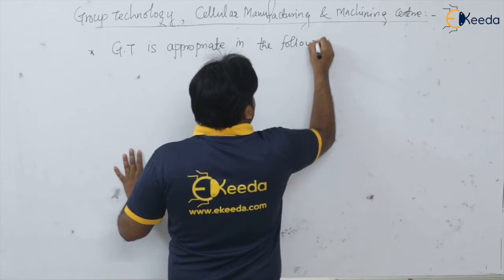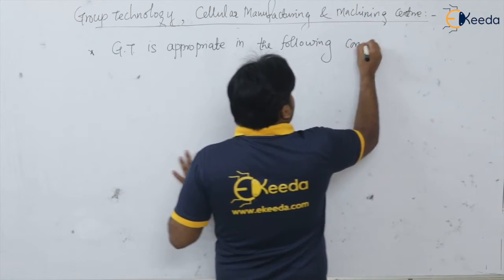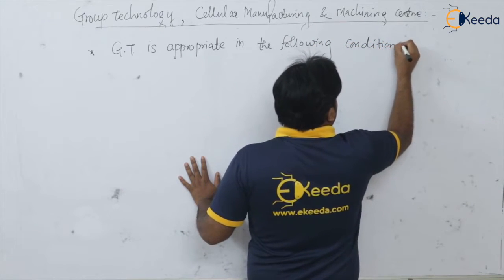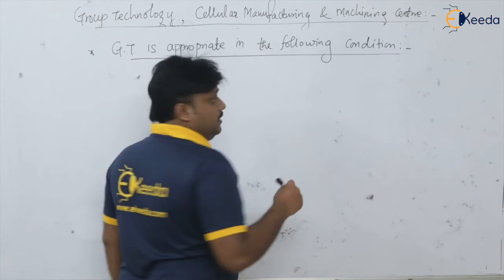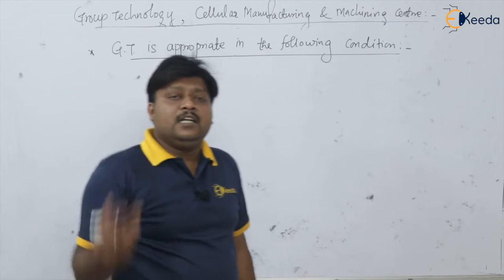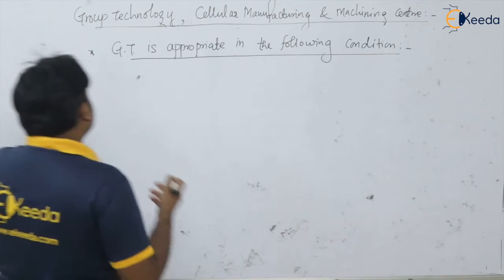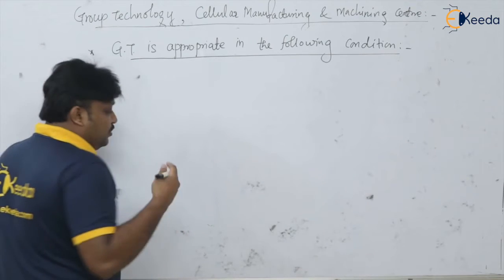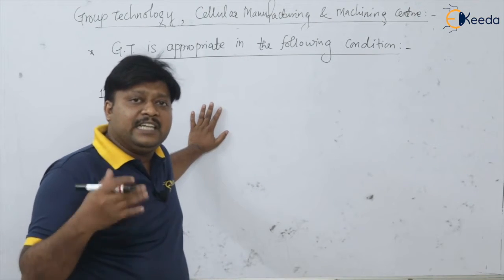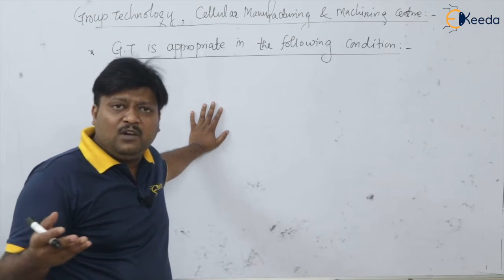They are not big conditions, only two simple conditions that should be there, then the use of group technology will be more appropriate. Condition number 1 is that your shop floor is using the traditional process layout.